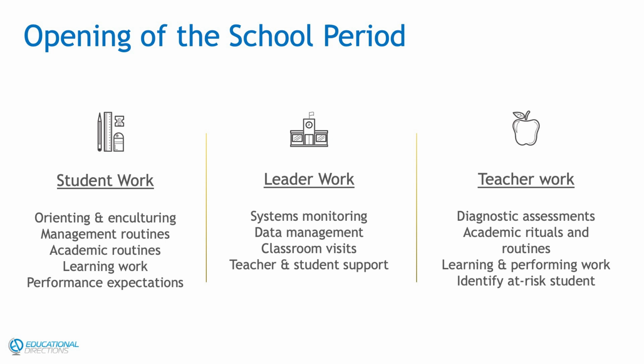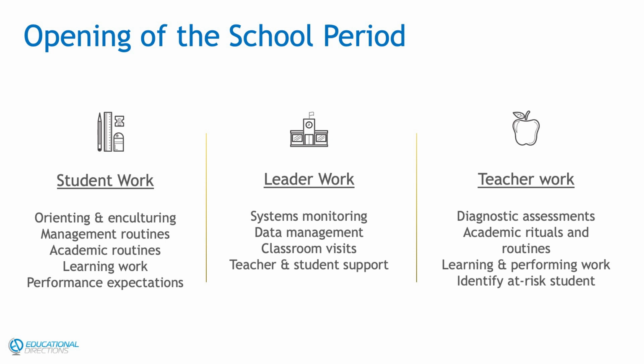And then the teachers' work, we need to be assessing where students are, diagnostics, making sure we give them the rituals and routines that will be expected of them this year, especially if you're trying something new. We need to make sure that learning and performing work is embedded into all of how they're thinking about their lesson plans. And finally, we need to quickly identify students who, maybe coming out of the pandemic year, the gap has increased in terms of if they're off grade.